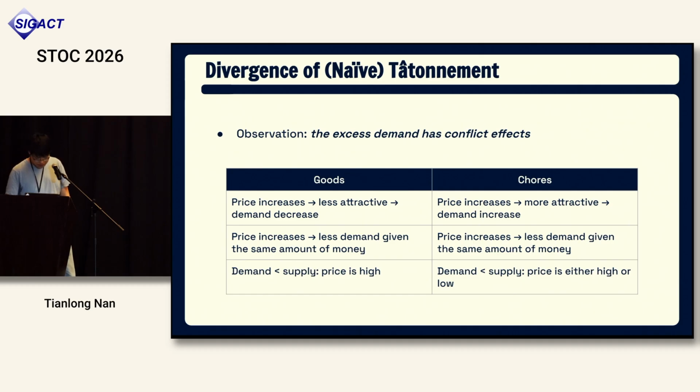So the change of price brings conflicting effects to the excess demand. In turn, if you say the excess demand is less than supply, it's very hard to determine whether the price should increase or decrease.